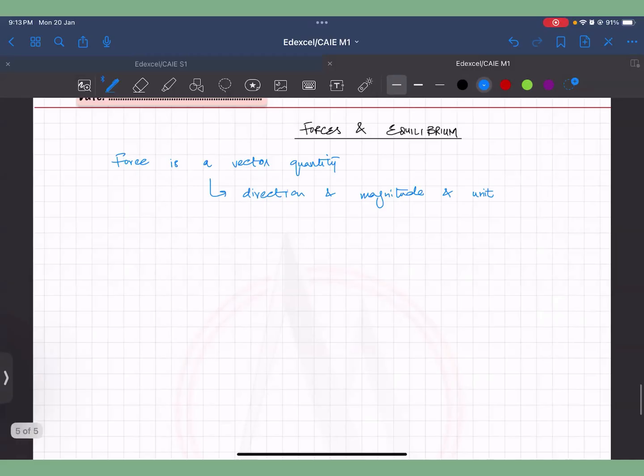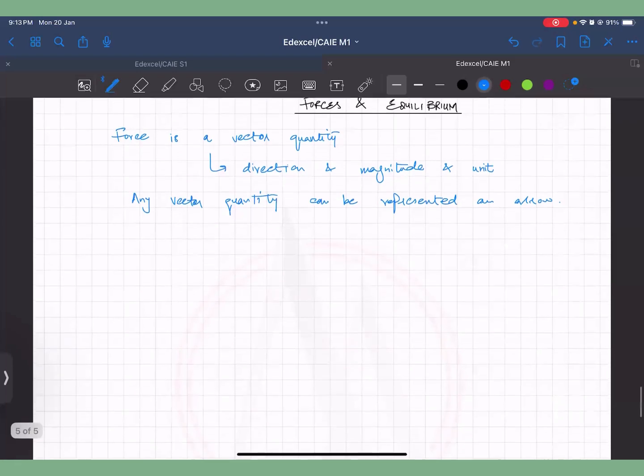It is represented by an arrow. Any vector quantity, not just force, can be represented by an arrow, right? Everyone knows about this.